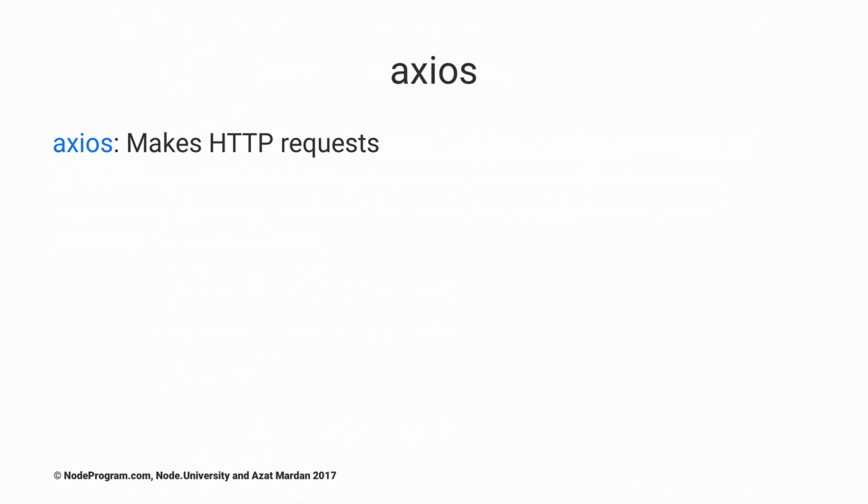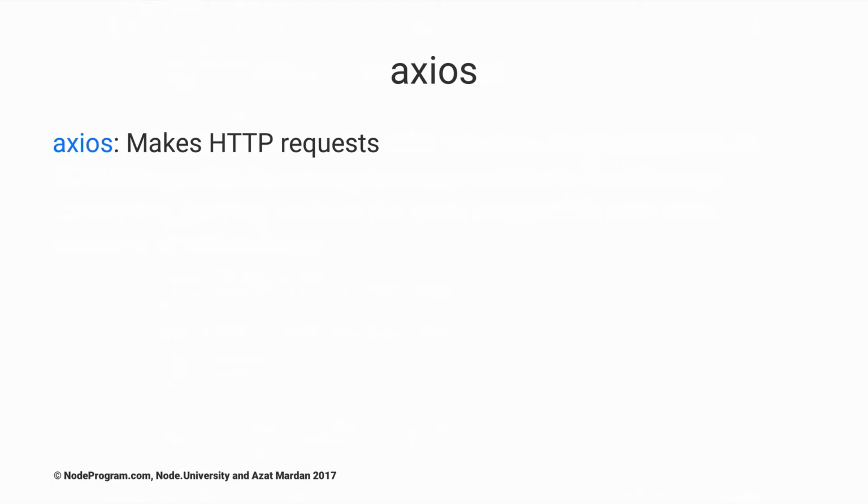Axios is great because it's not as low level as Fetch API. Fetch API is a promise-based method that's available in modern browsers, not the old browsers. But guess what? You have to do a lot of things yourself.